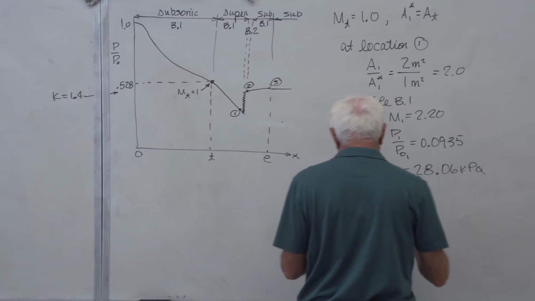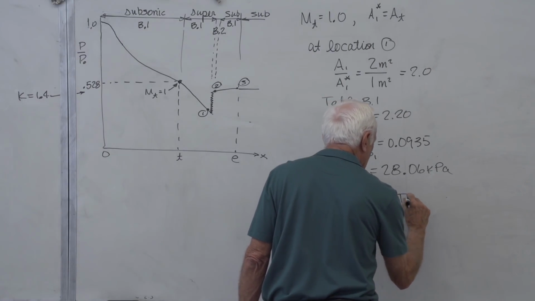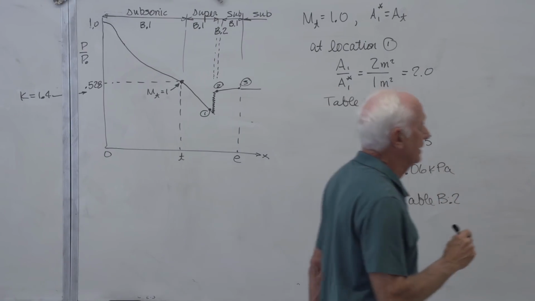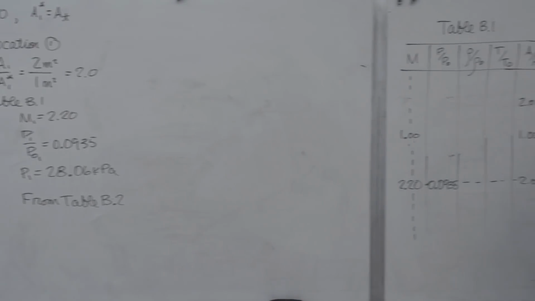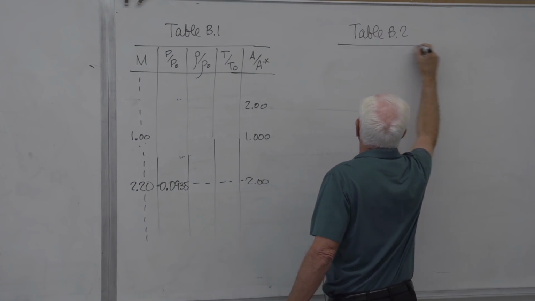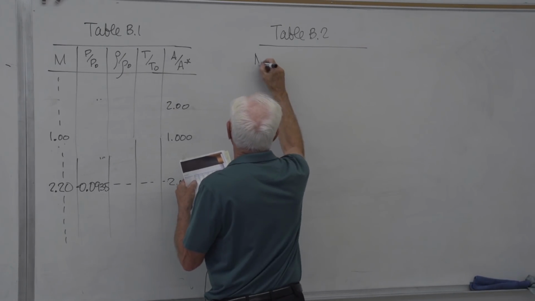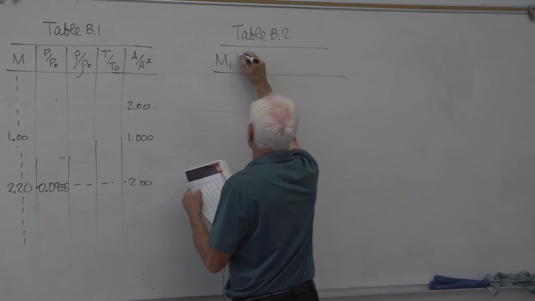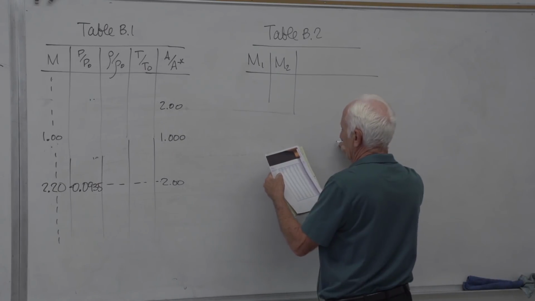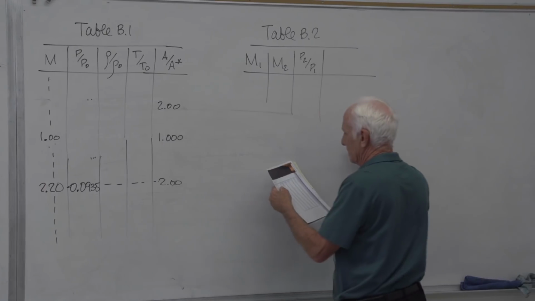Now I go to the shock tables from table B2. Across the shock, okay, table B2, we've got Mach number 1. We've got Mach number 2. We've got P2 over P1. That's static pressure.